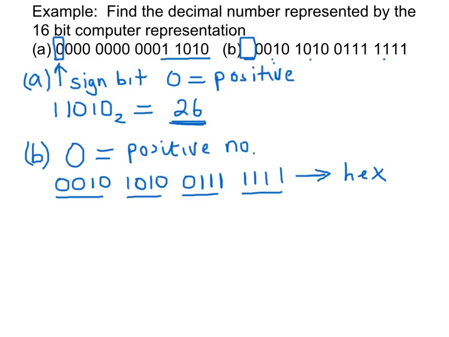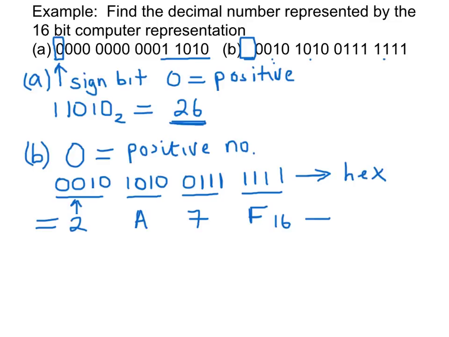We need to add zeros at the beginning if we have to, but in this case we don't because it's filled out into groups of 4. And we just replace each group of 4 by its hexadecimal equivalent. So 10, that's going to be a 2. 1010, that's an A. 0111, that's a 7. And 4 ones, that's an F. So that's what that number is equal to in hexadecimal.